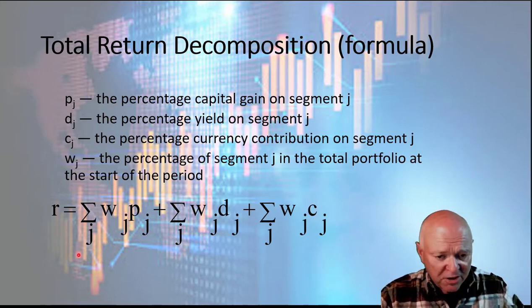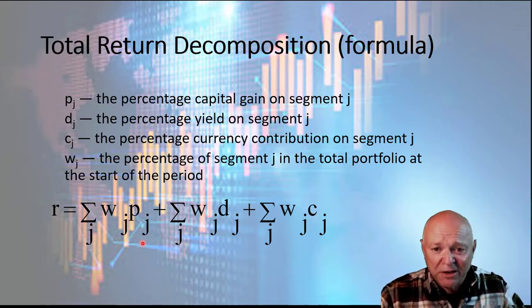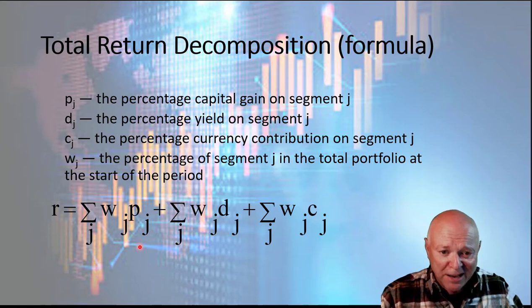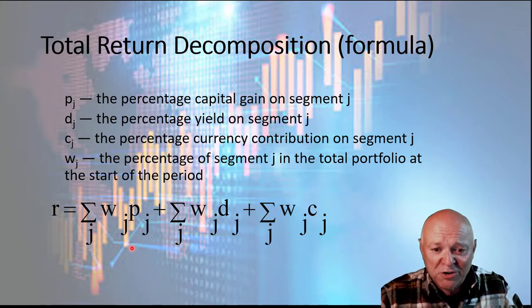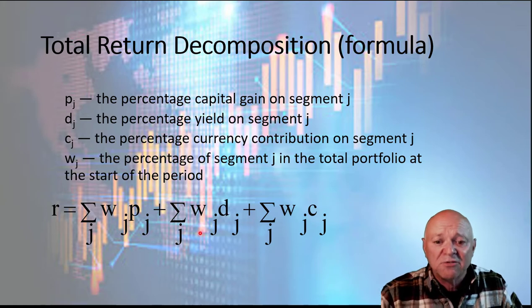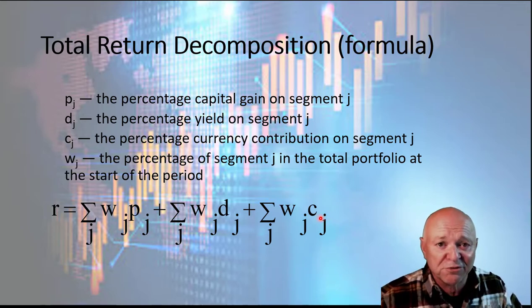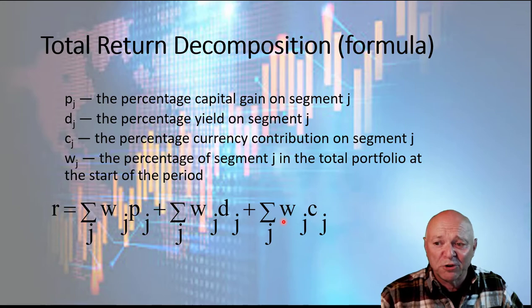So the first part of our investment essentially says our return is going to depend on the weight times the percentage of capital gains from our selection in the portfolio. The second term is going to be the weight times the yield times the dividend or the interest for each of the selections in our portfolio. And then the third part is going to be the weight times the change in currency, again for each of the investments in our portfolio.